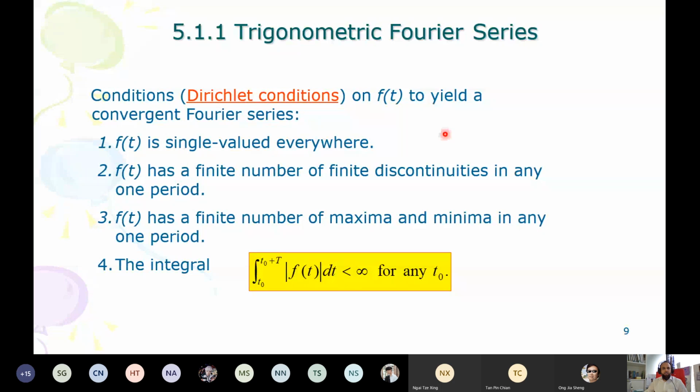Convergent means that, okay, let me draw it again. Convergence means that suppose this is the boundary or something, so it will be converging to this value.